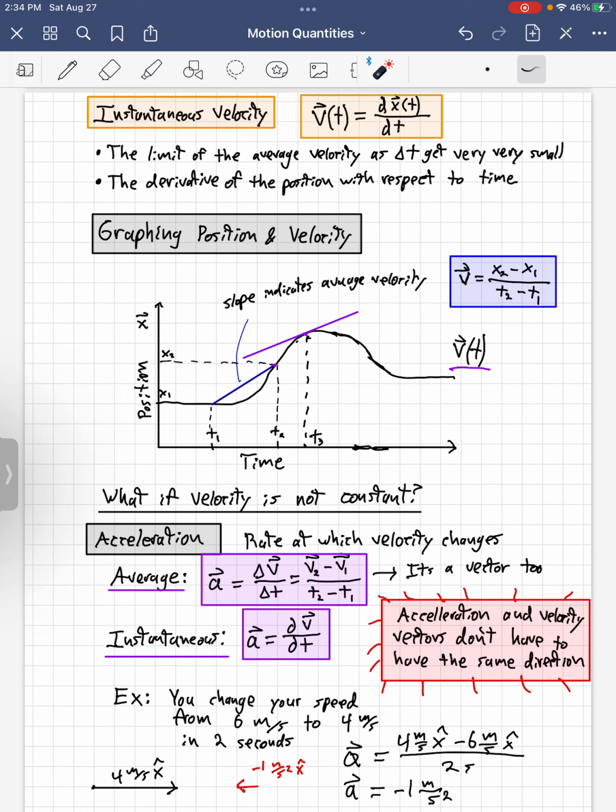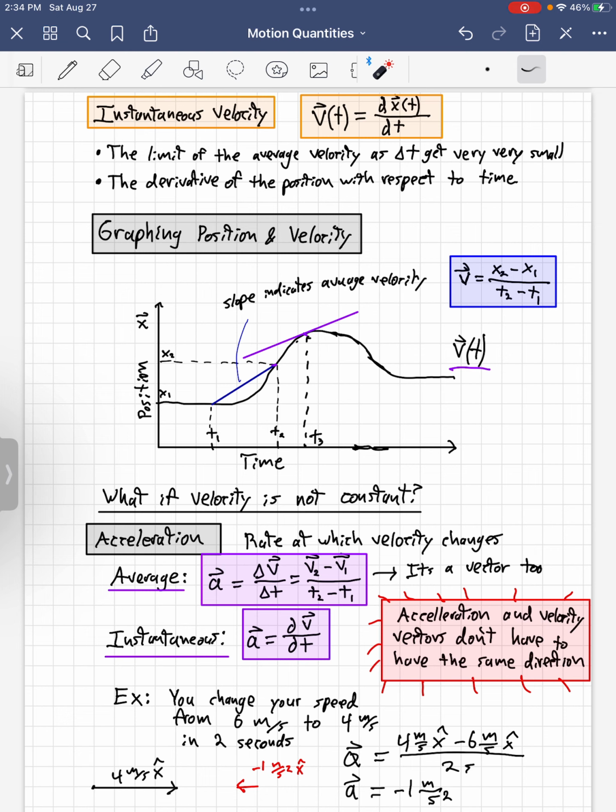So let's say we wanted to know the average velocity between time 1 and time 2. Well, we would take the difference in position between time 1 and time 2, subtract to get the displacement, and then divide that by the change in time between t2 and t1. Okay, and then the slope of this line gives you the average velocity.